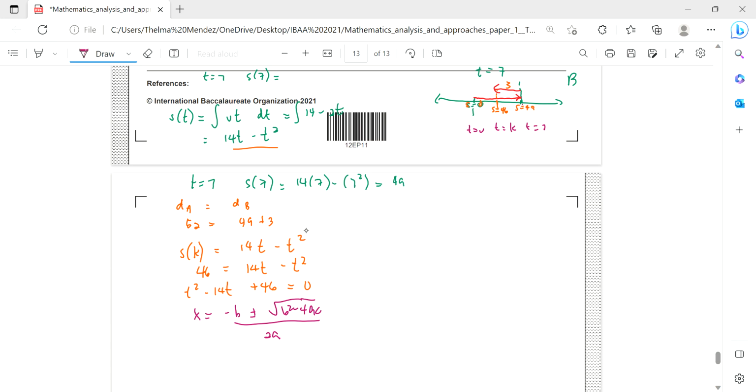So here we are looking for t equals negative of negative 14 plus or minus the square root of negative 14 squared minus 4 times 1 times 46, all over 2 times a.